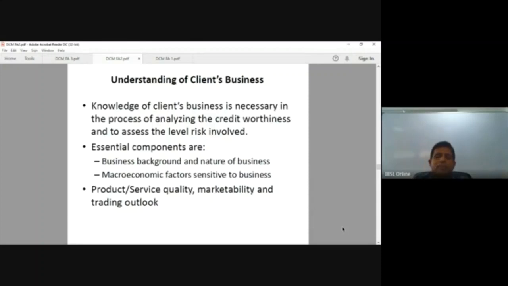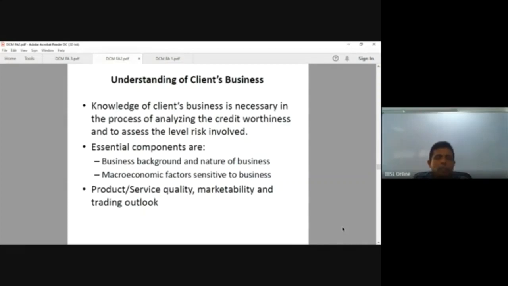That is very important. If you come across new business areas, you have to gain some knowledge about the business. If you don't know about that business, you cannot properly do a credit analysis. And maybe you may do an analysis on the business, but there can be material misstatements or material errors.